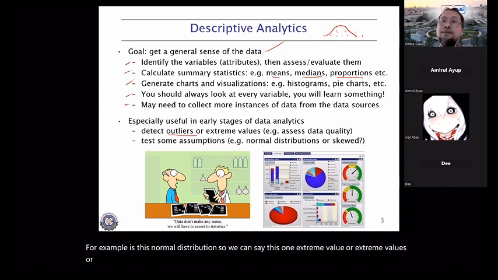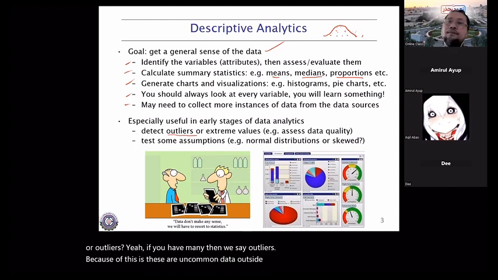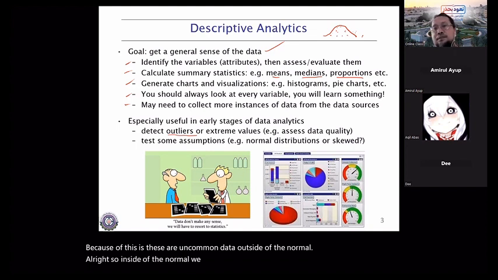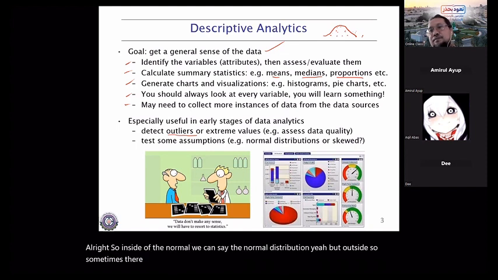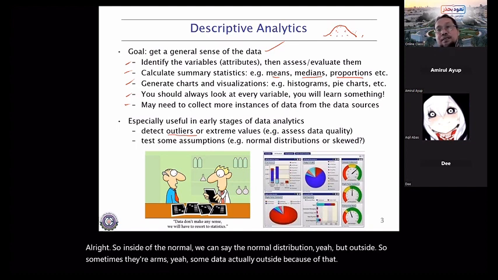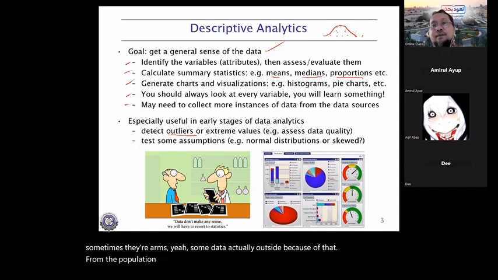If we have many, then we say outliers, because these are uncommon data outside of the normal. Inside is the normal distribution, but sometimes there are data actually outside, because they come from the normal population.